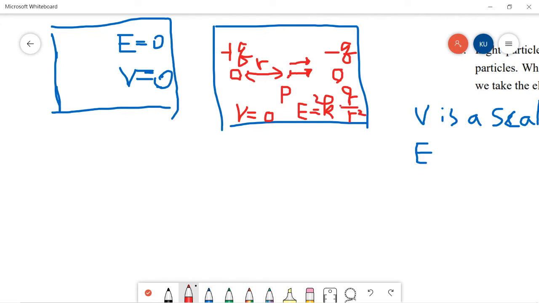Something like this. Maybe I can write it better. So actually, this will be E equals 2KQ over R squared.